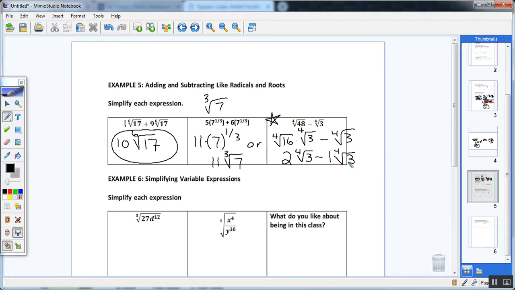So what's 2 fourth roots of 3 minus 1 fourth root of 3? 1 fourth root of 3 is my solution. How radical is that? That answer's pretty radical, you know it.